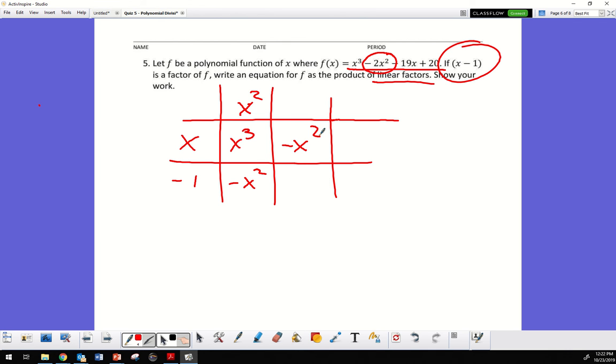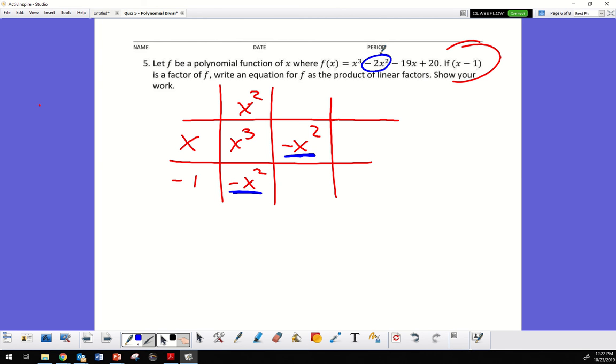So now I have to do those, and I'm going to start changing colors on this. So this one and this one has to equal this one right there. Yeah, you're adding those together.